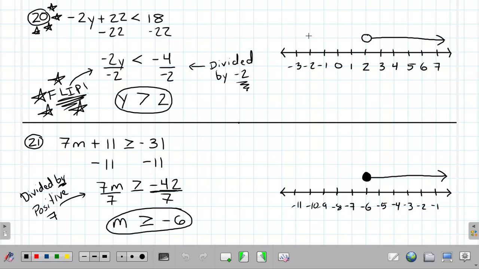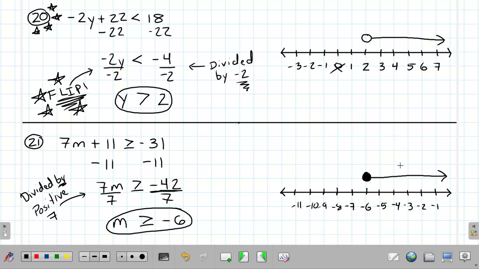That would mean that you would need numbers that were less than 2, and we could check. Put in 0. 0 plus 22 is not less than 18, so 0 cannot be an answer here, okay? So that means my arrow should not go to the left. My arrow needs to go to the right. And like I said, that's a way you can check yourself, is to make sure your arrow is going the right way.